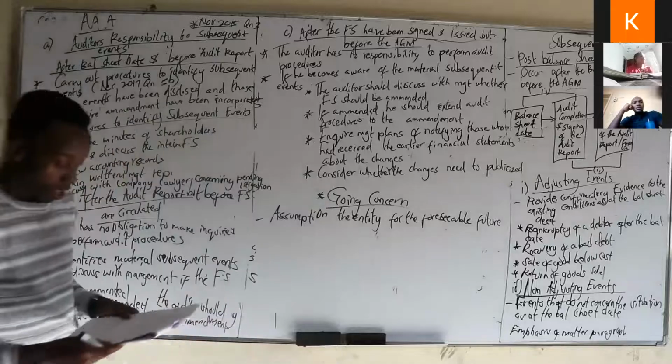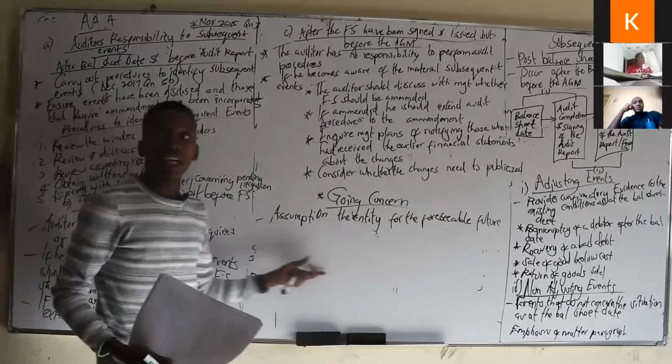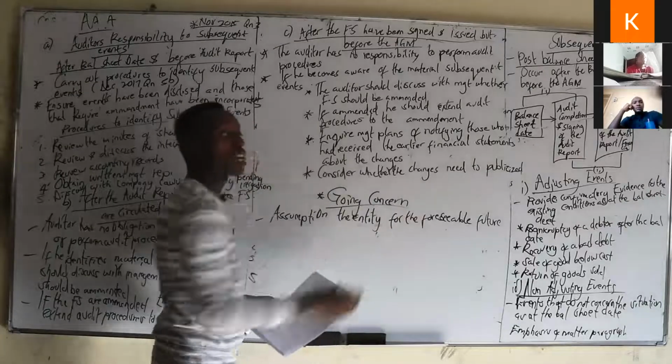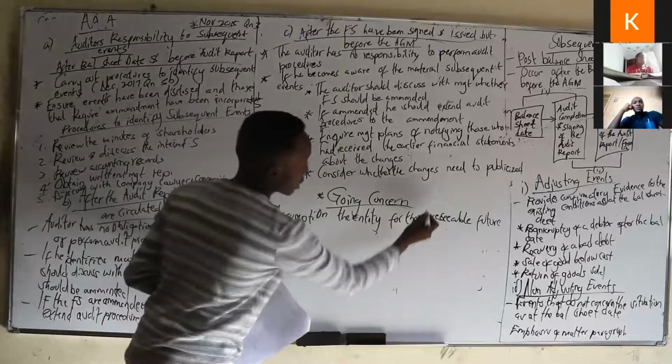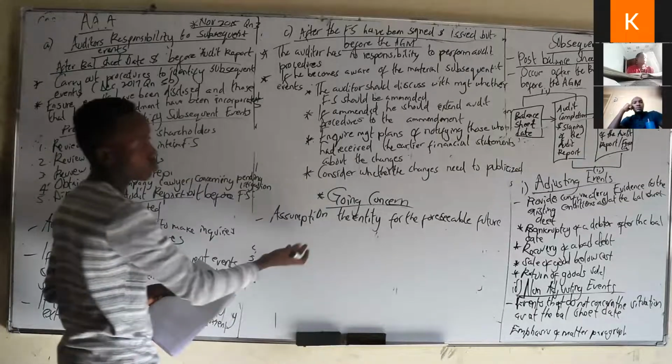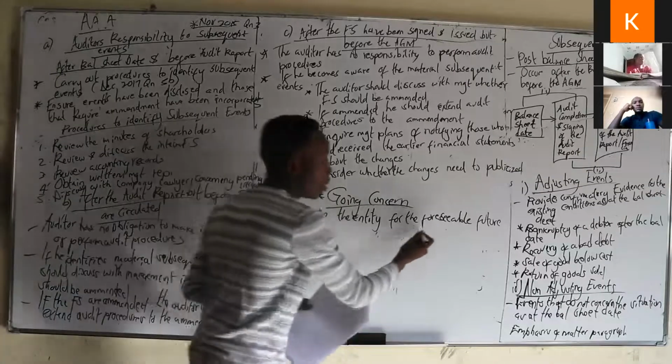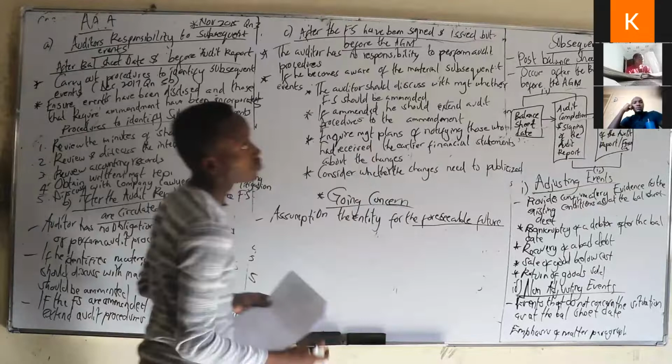So the auditor is required to assess the going concern assumption of an entity, and for that, he will consider certain factors that may give rise to a doubt whether this company will continue for the foreseeable future.